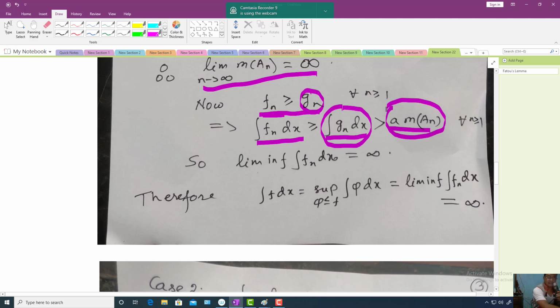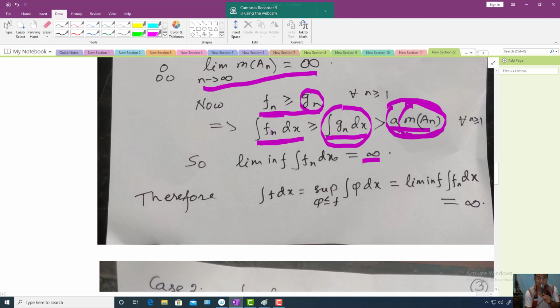This is true for all n, but as n tends to infinity, this quantity is going to be infinity. This we have already done. So as n tends to infinity, this is going to be greater than infinity, so the only possibility is that it is exactly equal to infinity.